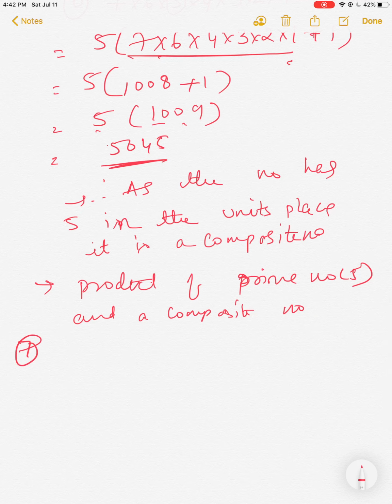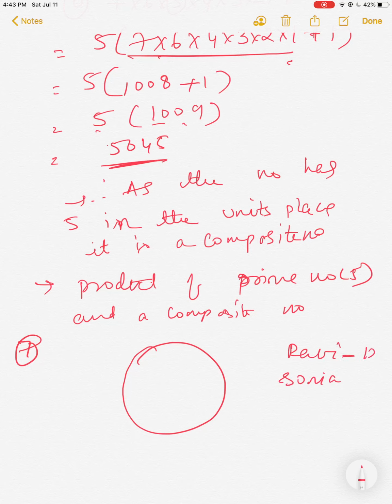Now, one problem is left over. It is asked: there is a circular path around a sports field. Sonia takes 18 minutes to drive one round of the field, while Ravi takes 12 minutes for the same. Supposing they both start at the same point and at the same time and go in the same direction, after how many minutes will they meet again? In that circular path, Ravi and Sonia both are moving.